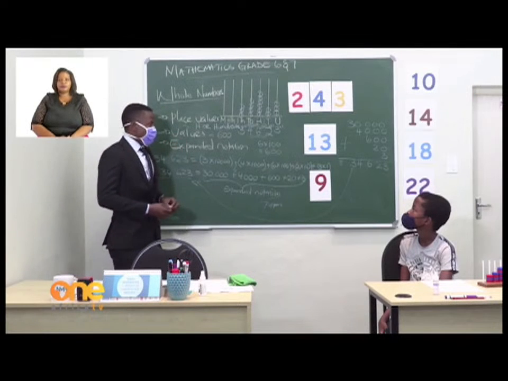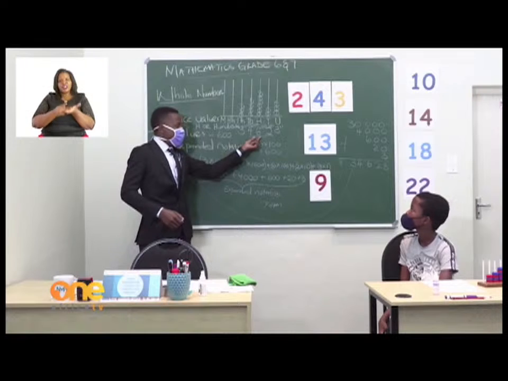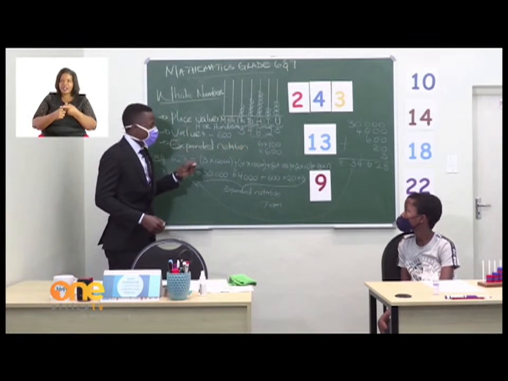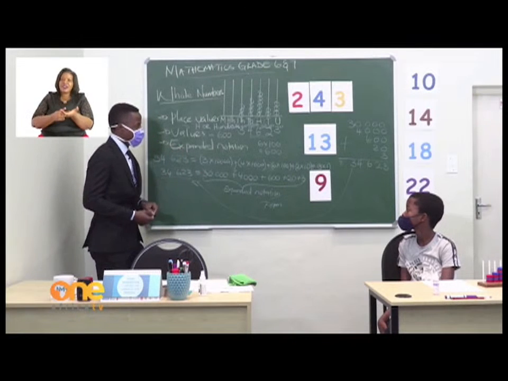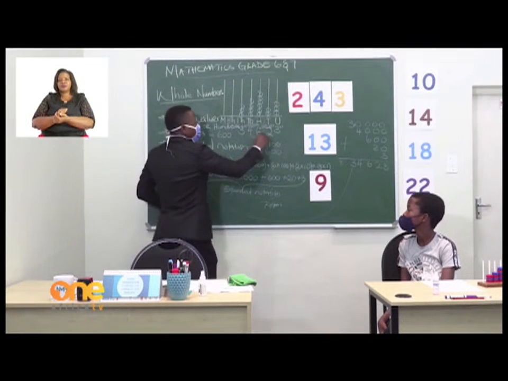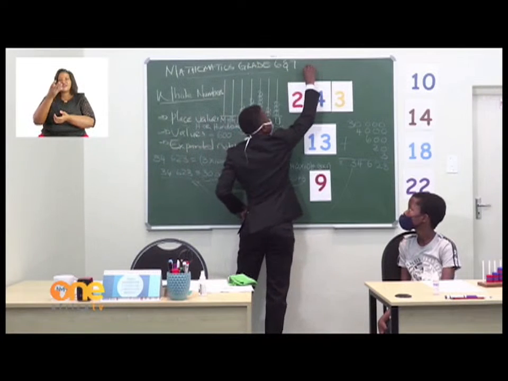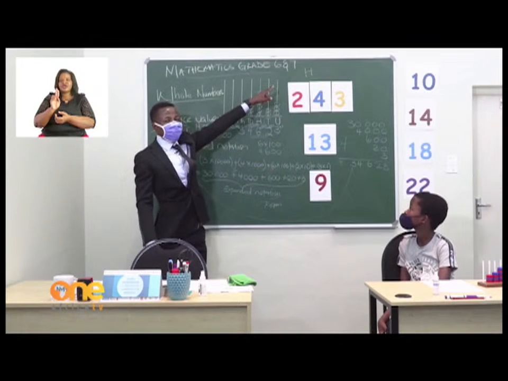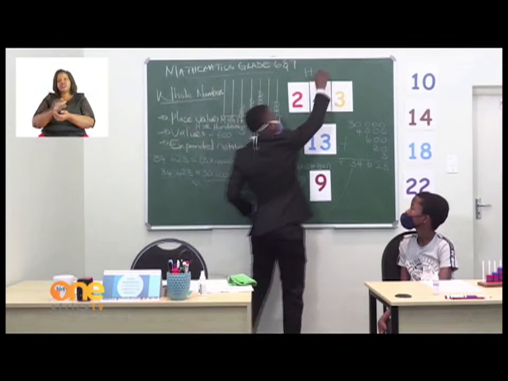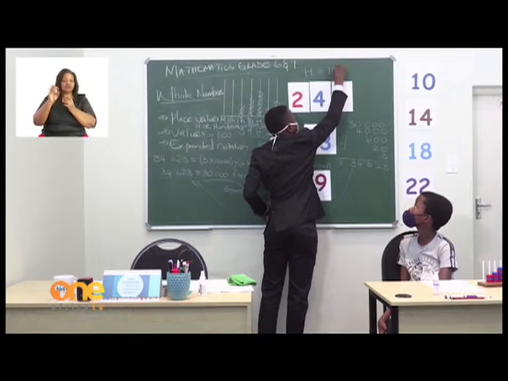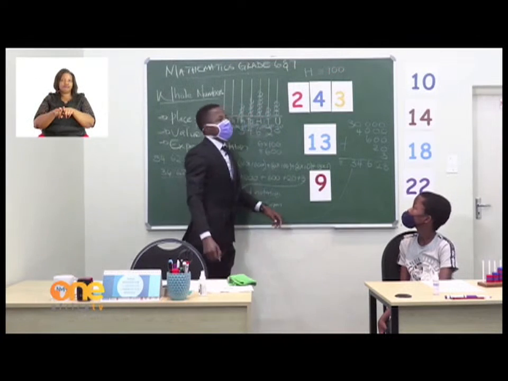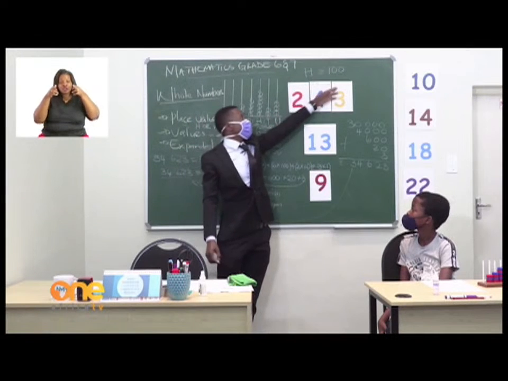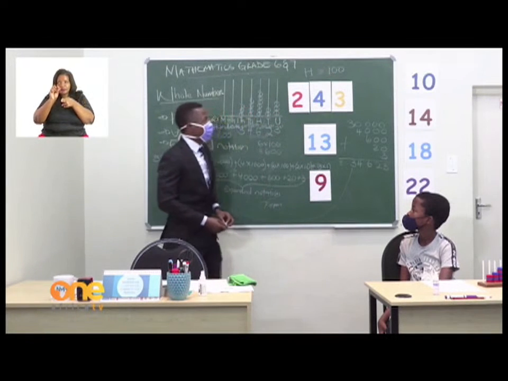The value is a digit multiplied by its place value in numeric form. If I have H for hundreds, this is the same as 100. This is just written in words or in abbreviation, and that is in numeric.